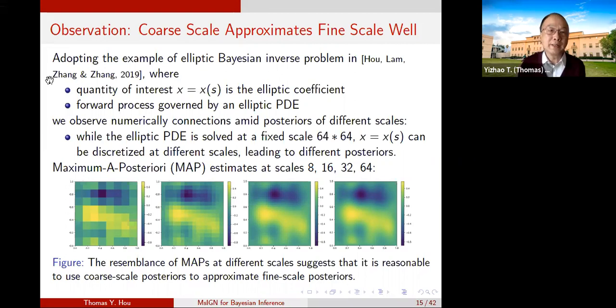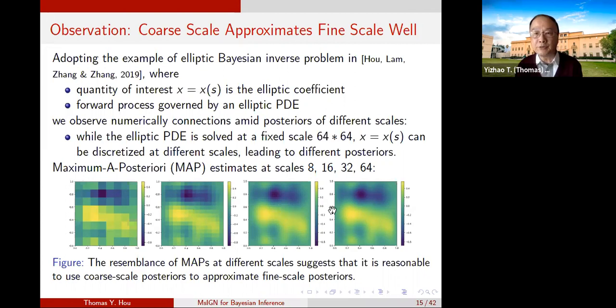We observe that the MAP estimate, the maximum a posteriori estimate, has very good resemblance at neighboring scales. For example, between 8 by 8 and 16 by 16, although the former is coarser, you can see that the major features have been captured by the coarser grid. Similarly, from 16 by 16 to 32 by 32, you see that there's a similarity.